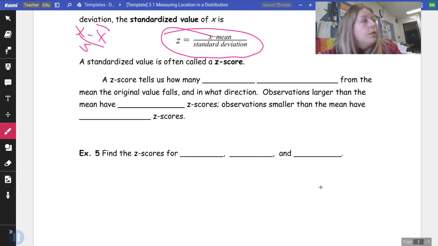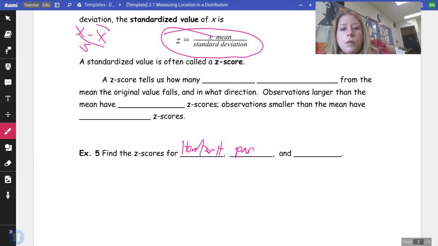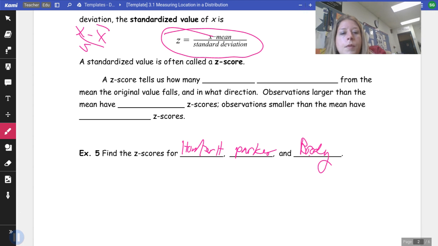Alright, we are going to find the z-scores for Hunter, Parker, and Brody. I erased those. Okay, so Hunter's height was 71.